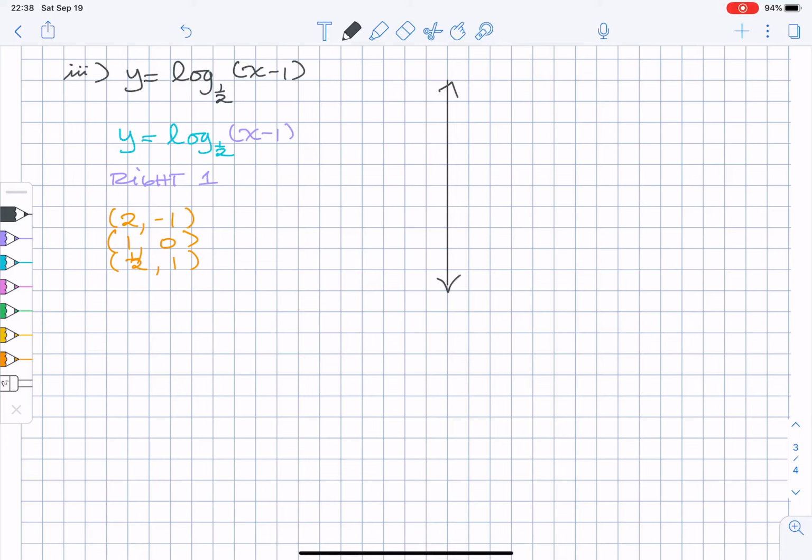But what does this look like? Let's see what this looks like. This is a bit of a tricky one. Normally it would be (2, -1), (1, 0), and (1/2, 1).